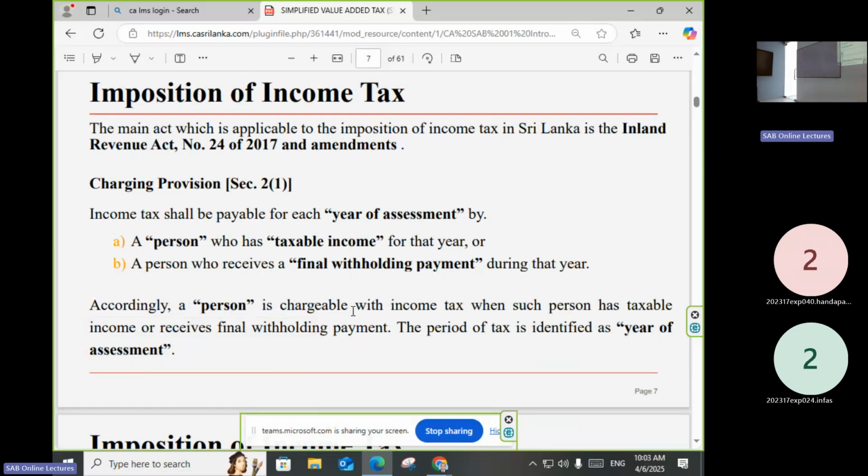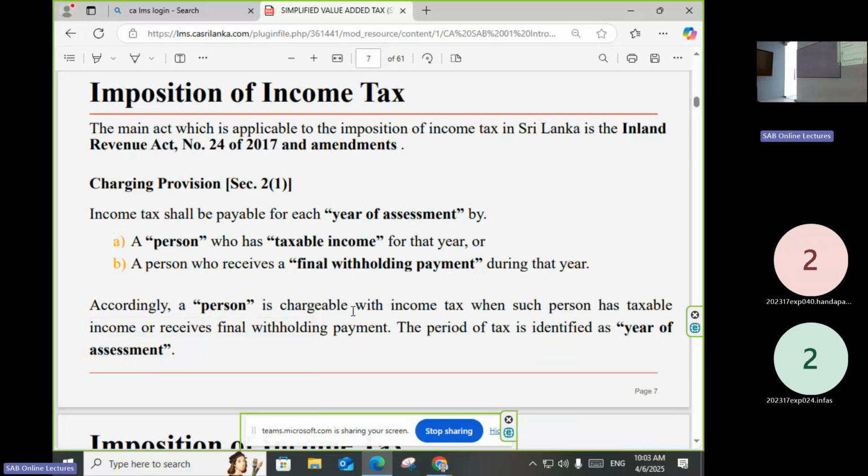Right now it's called advanced income tax. Only the name got changed. So when the company distributes dividend, they deduct tax at the rate of, right now, 15%. In Sri Lanka it is 15%. So say I am entitled to 100 rupees of dividend, they deduct 15%. I get only 85 rupees. The 15 they deduct goes to the department. So that is final withholding.